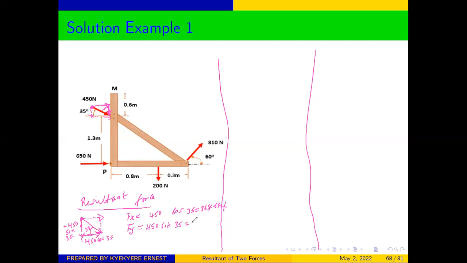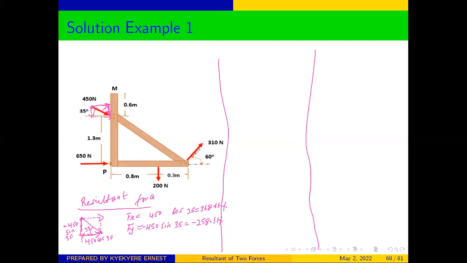And from there, our answer will be negative. Don't forget that we said that it will be negative because if we are moving from this point to that point, we'll be moving downwards. So this will be negative, which will give us negative 258.1 newtons. So we have resolved this force into components.